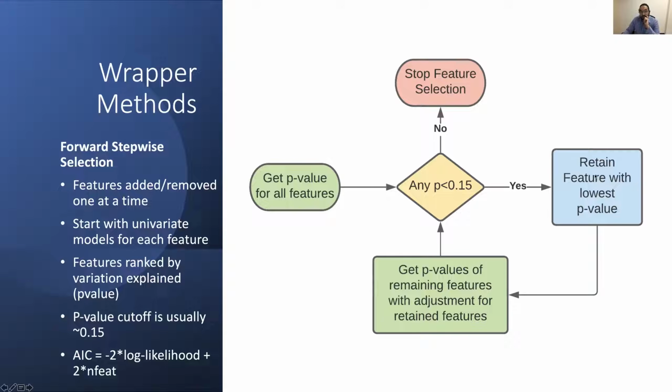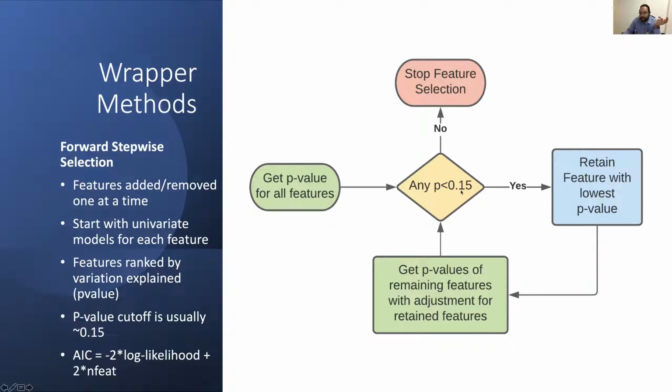Now you're going to do that same kind of univariate analysis. It's not univariate because now you're going to adjust for that retained feature, right? So if we had n features to begin with, we now have n minus 1, right? Because we selected one. So now we're going to train n minus 1 models and calculate the p-values of those features.